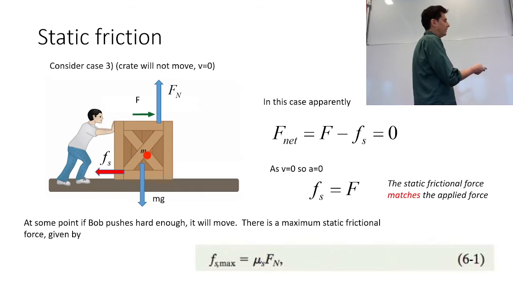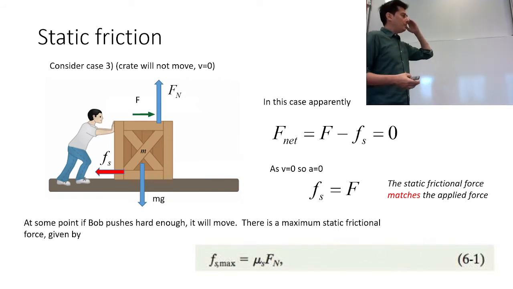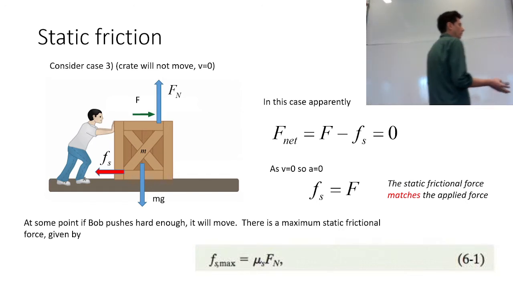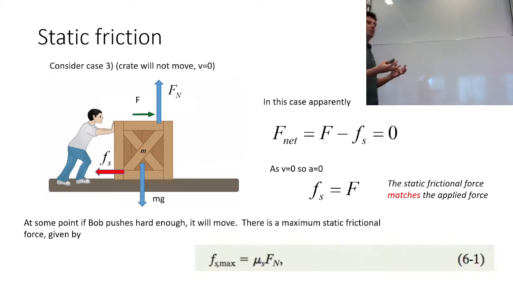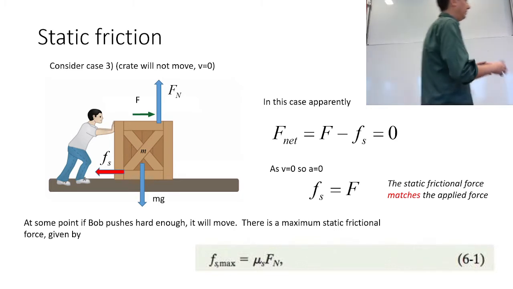It's upwards, but it's equal to its weight. So in this example, it's its weight times some factor between 0 and 1. That is the maximum static friction force that any surface can provide. So if you have a highly frictional surface, then the maximum force that it could resist is basically its own weight.